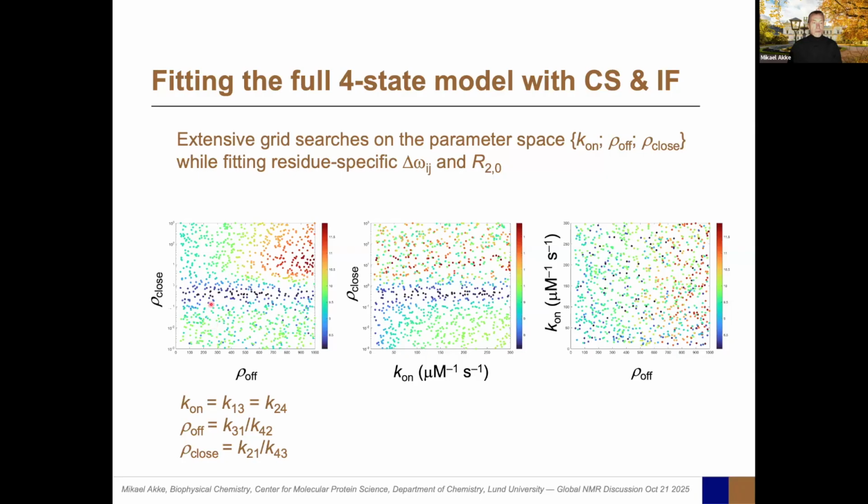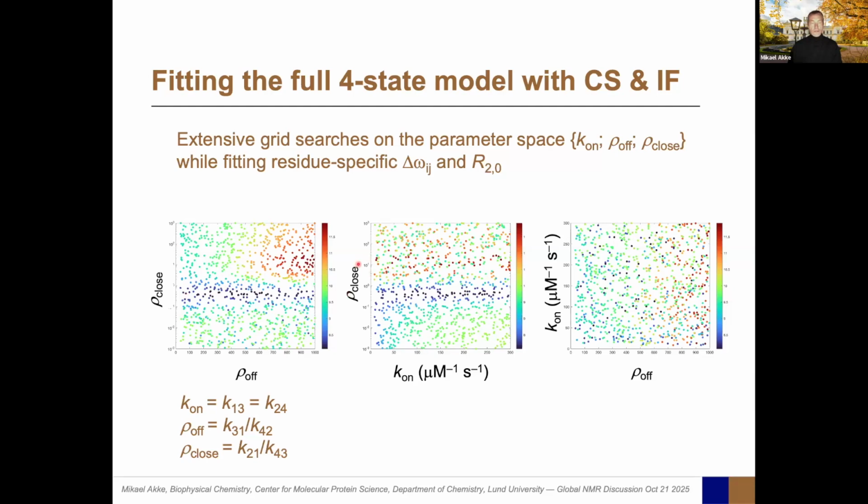And you can see here we plot two-dimensional slices through this parameter space. And you see that a low chi-squared is dark blue, a high one is red. And you see that rho close has a pretty well-defined minimum. It's somewhere here, and rho off doesn't like to be very high, so it's also in this area.